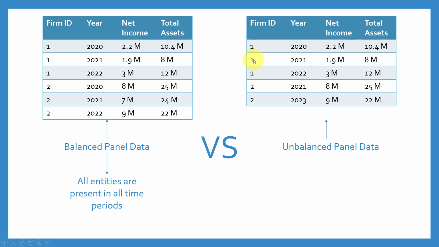As opposed to that, we have over here a data set where for firm 1 we have 3 years of data, but for firm 2, we just have 2 years of data. So what we are trying to say is that when we have a different number of time periods for different entities, then that is called an unbalanced panel data.